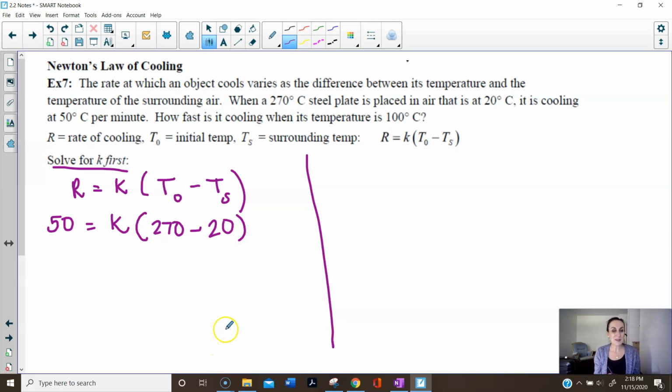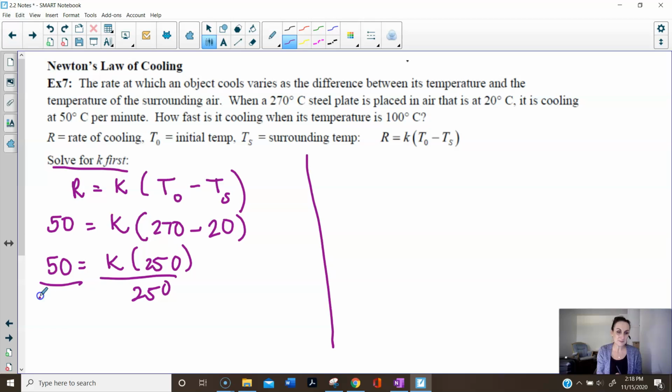Now we want to simply solve for K. So 50 is equal to K times 250, and then divide by 250. K is equal to 5 over 25, which is 1/5. So my constant is 1/5.